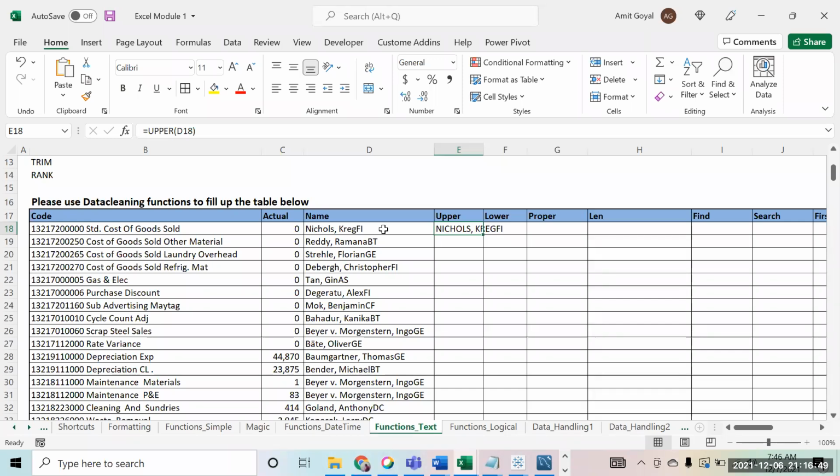Please try it: upper, and give the name as an input. Now can you please try the lower and proper functions?